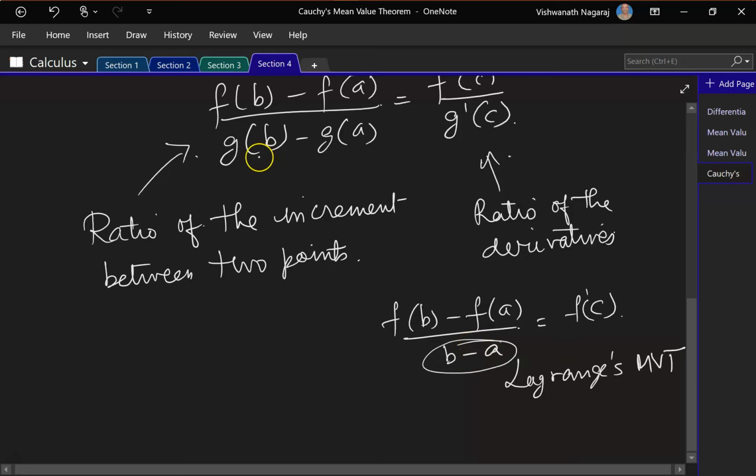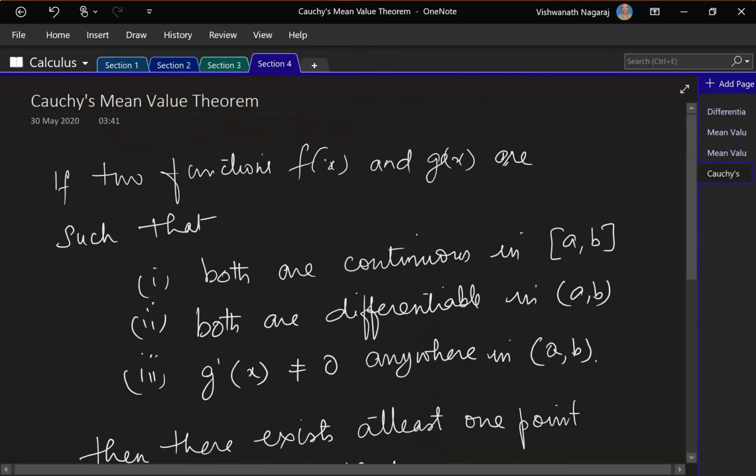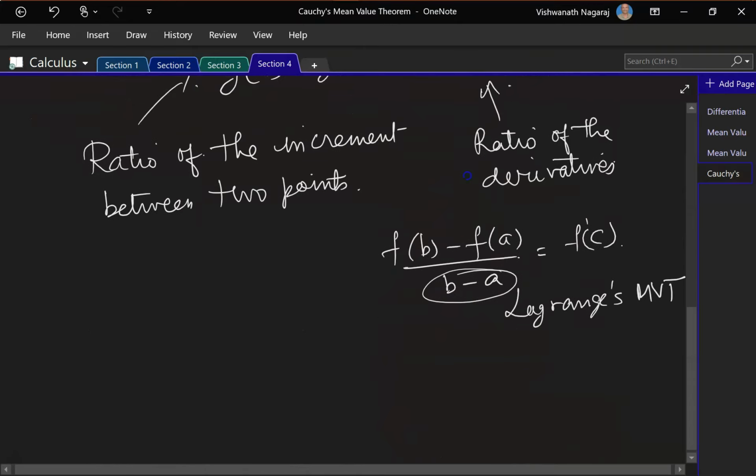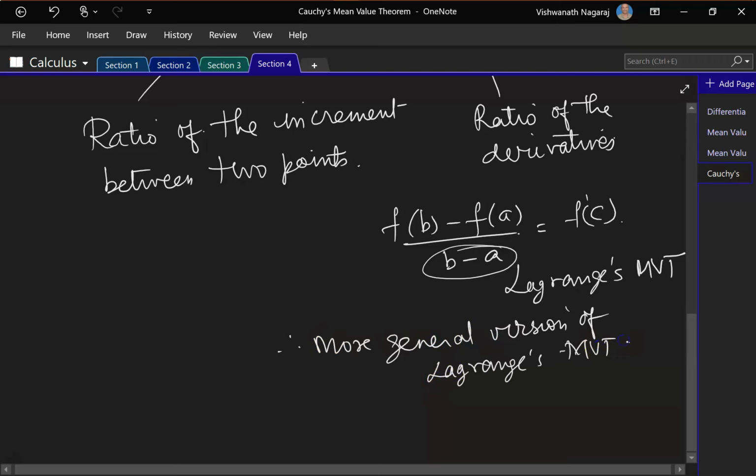Now here we are talking not of b and a, but of the results g of b and g of a. So which means basically that this Cauchy's mean value theorem is a more generalized version of Lagrange mean value theorem.